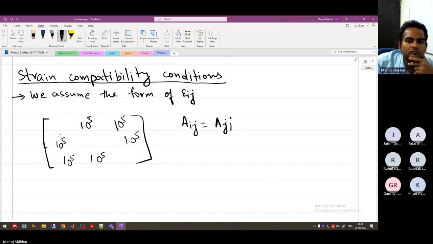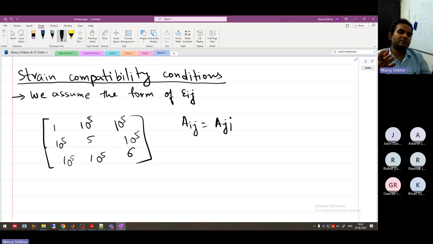Suppose I write 156, this is also a symmetric tensor. But if we have a strain tensor with this much strain, either the material is very elastic and can be elongated very long, or the material has broken. So not any form of a strain tensor is acceptable, or will give the right displacement solutions. To keep this in check, strain compatibility conditions have been defined.